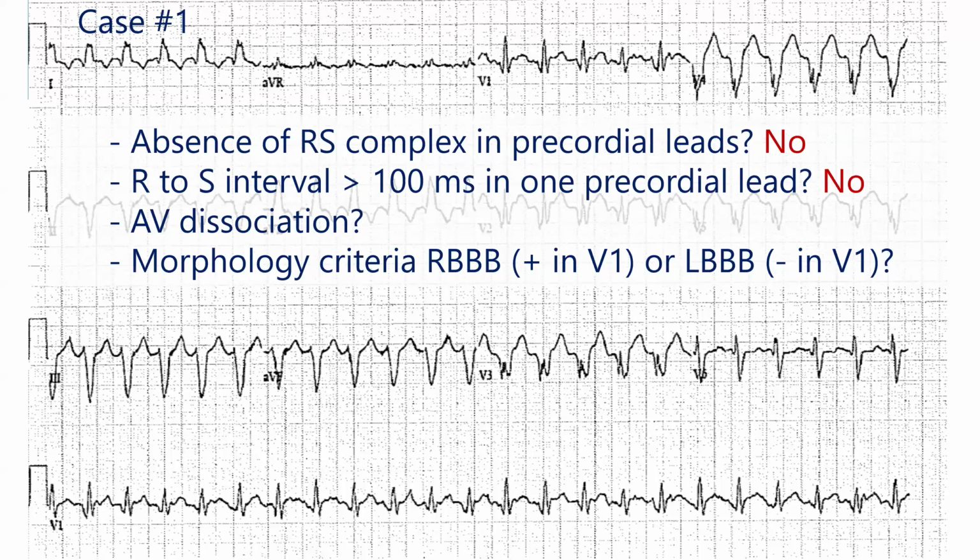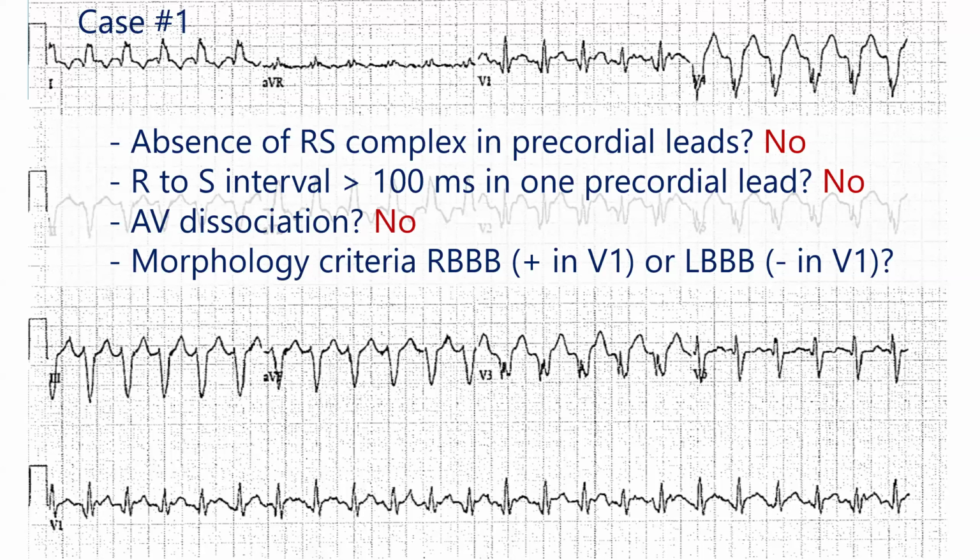And as a consequence, for all we know, these are either PACs that are happening or ventricular beats with variable retrograde conduction times to the atrium, or this just could be noise. These could just be notches that don't represent atrial activity at all. But certainly nothing there that clearly demonstrates AV dissociation. So the answer there is no.